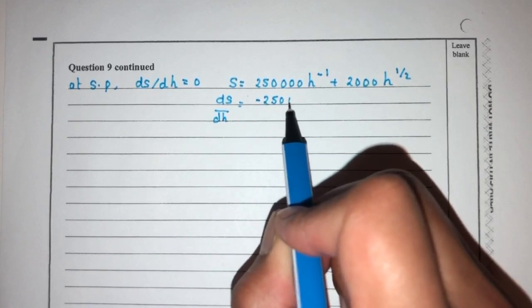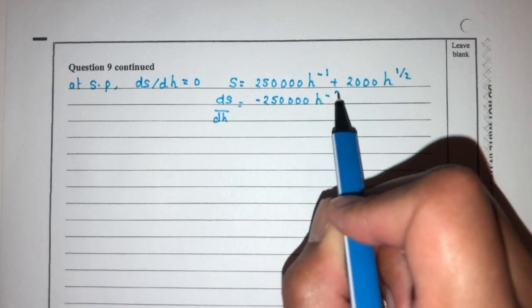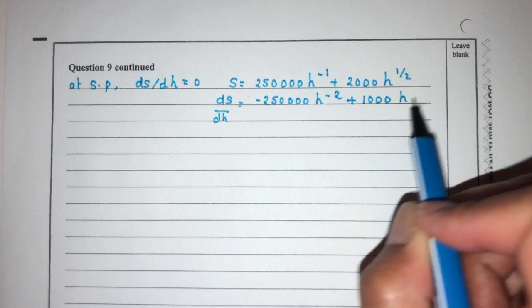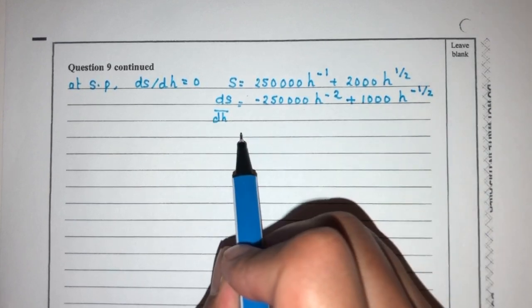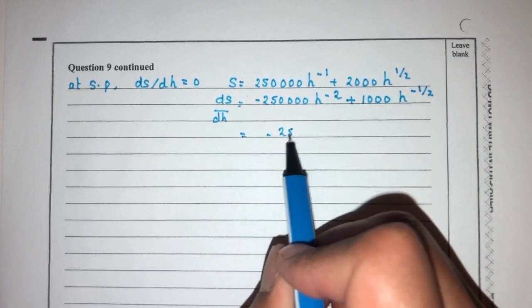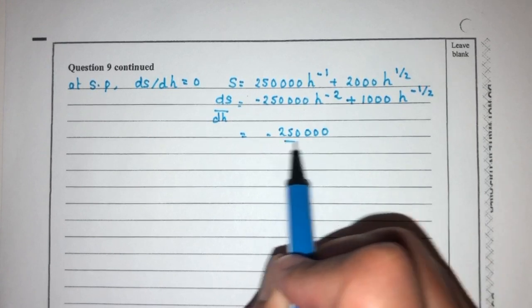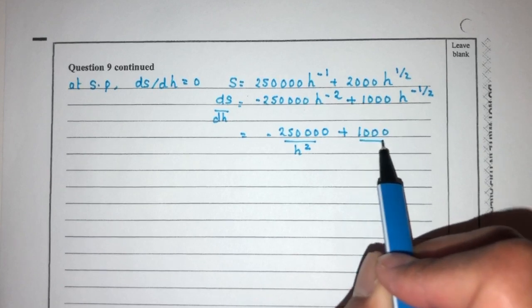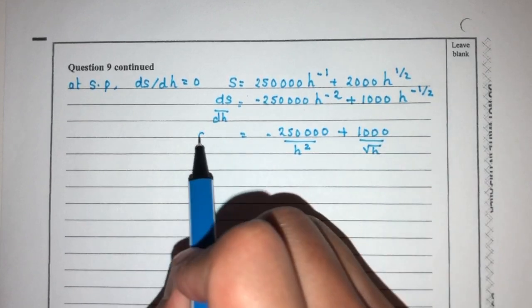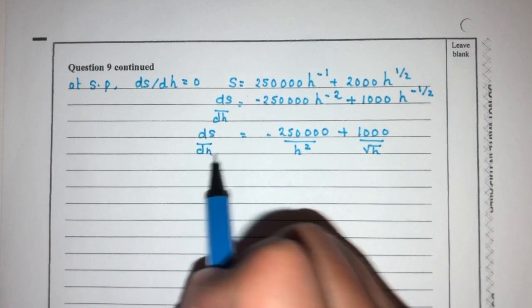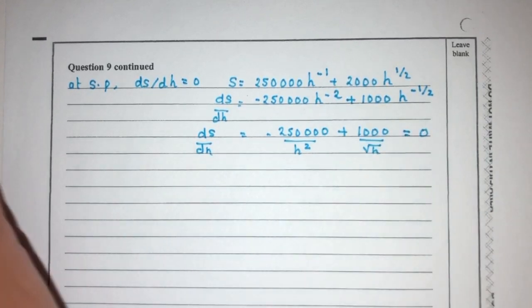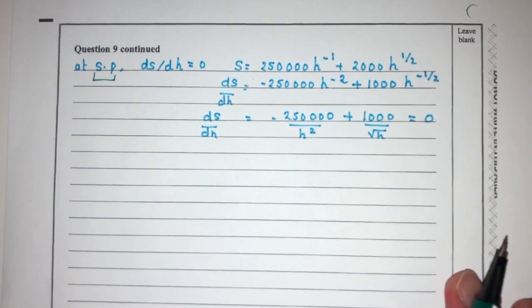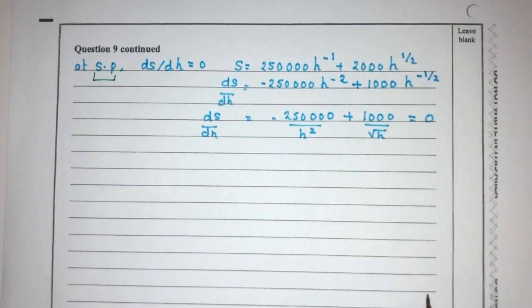Minus 250,000 over H squared, plus 1,000 H power minus half, so that will be 1,000 over root of H. That will be ds by dh. Now we have to equate that to 0 because we know that at the stationary point, this has to be 0. So one by one we can try to simplify this.